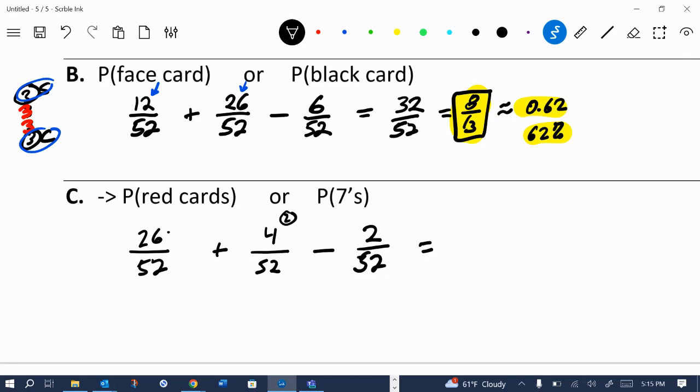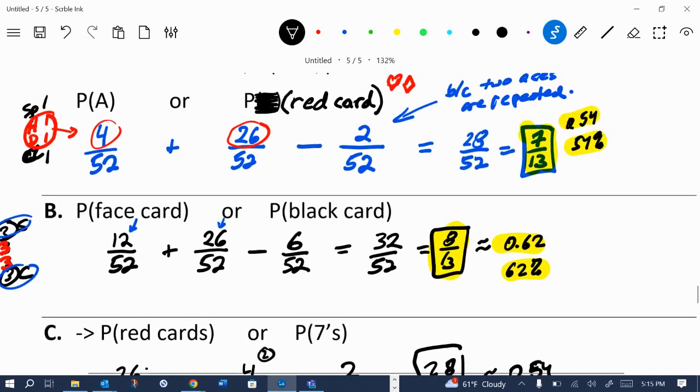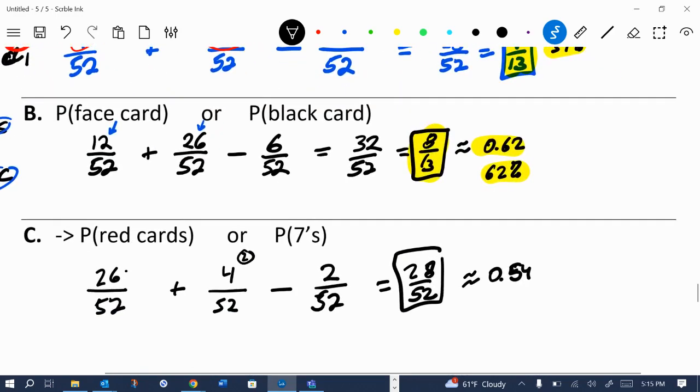So that's 26 plus 4 minus 2, which is 28 over 52. That one, by the way, is the decimal 0.54. Yeah, 0.54 again. 28 over 52 was up there. Actually, that reminds me that we can't leave it as 28 over 52. We have to make it 7 over 13, which is 54%.